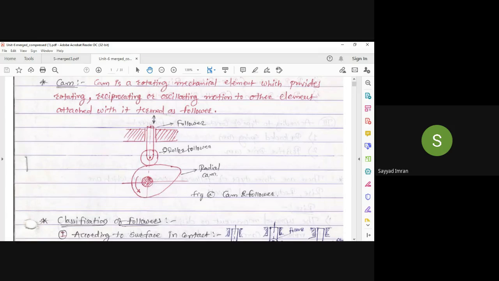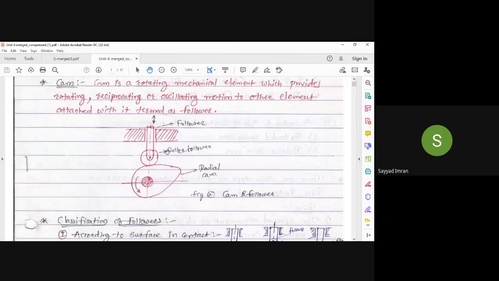In that again we can have two stroke engine and four stroke engine. In four stroke there are the suction valve and exhaust valve. Opening and closing of the suction and exhaust valves can be done with the help of cam and follower.